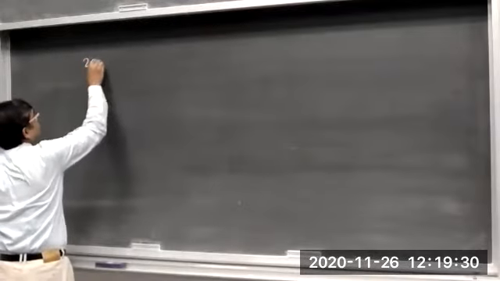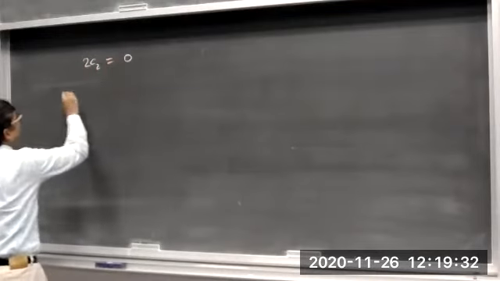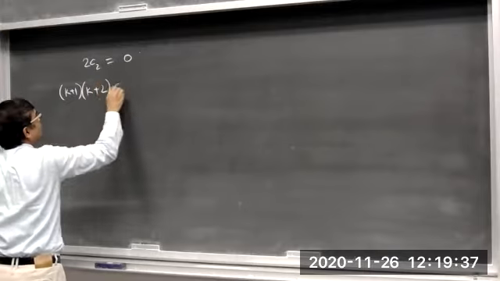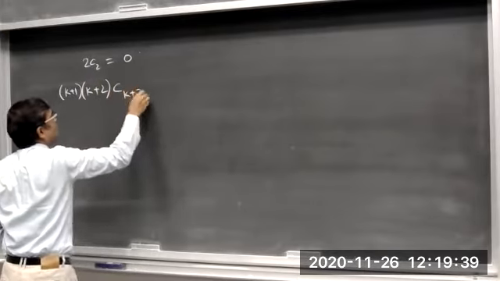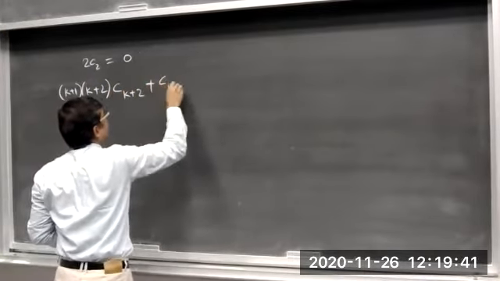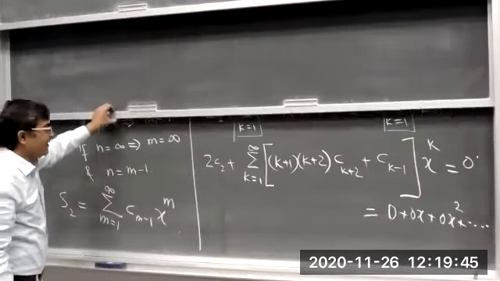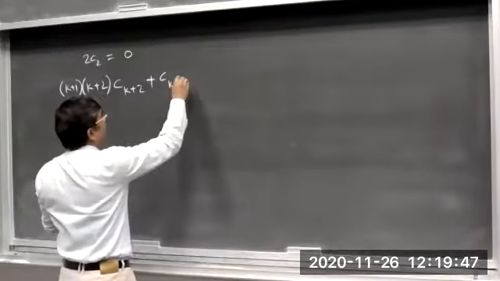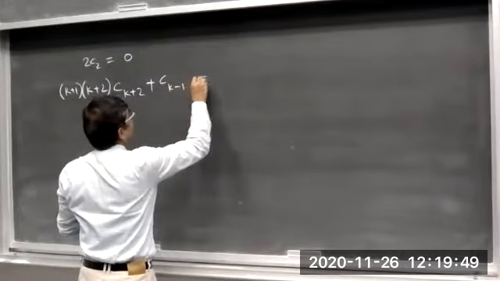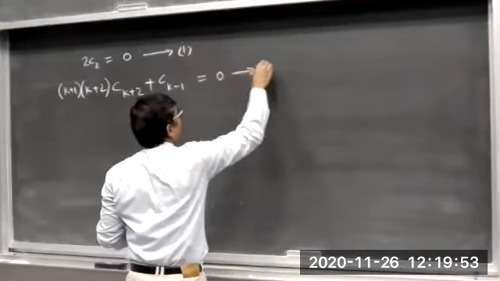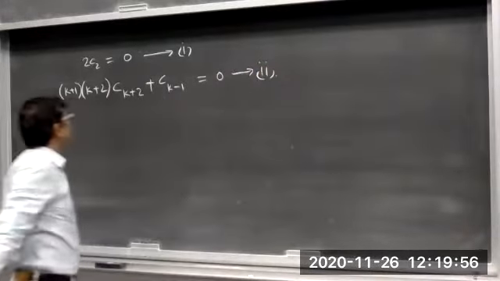We obtain 2c2 is equal to 0, and then (k plus 1)(k plus 2) c(k plus 2) plus c(k minus 1) is equal to 0. So we obtain two equations, 1 and 2.